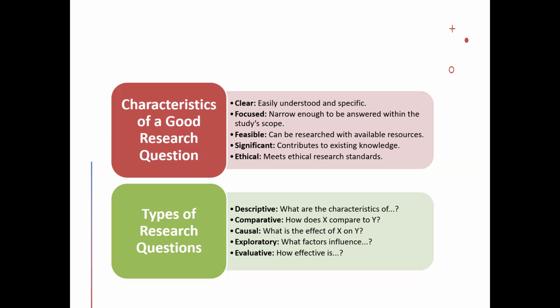If you look at the characteristics of a good research question, some of you may wonder what type of research question will be called a good research question. Basically, a good research question will be clear, easily understood and specific. It will be focused, narrow enough to be answered within the study scope, and feasible, so it can be researched with available resources and easily completed.